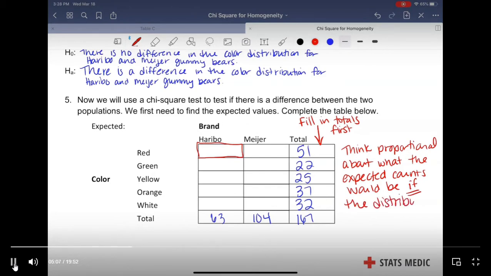So in other words, if the color distribution is the same for both populations. And that's actually our null hypothesis.